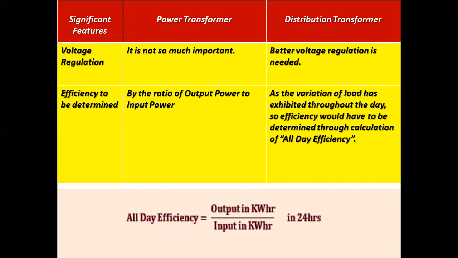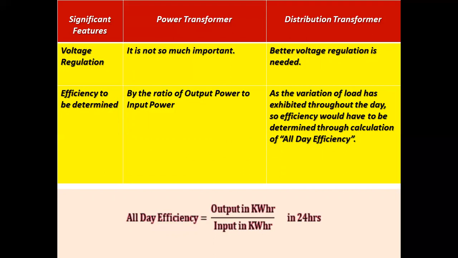Significant features: voltage regulation. Power transformer is not so much important regarding voltage regulation. But in case of distribution transformer, better voltage regulation is needed. Efficiency to be determined in case of power transformer by the ratio of output power to input power.